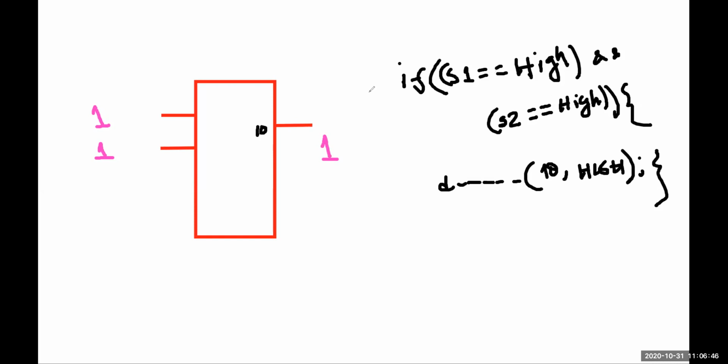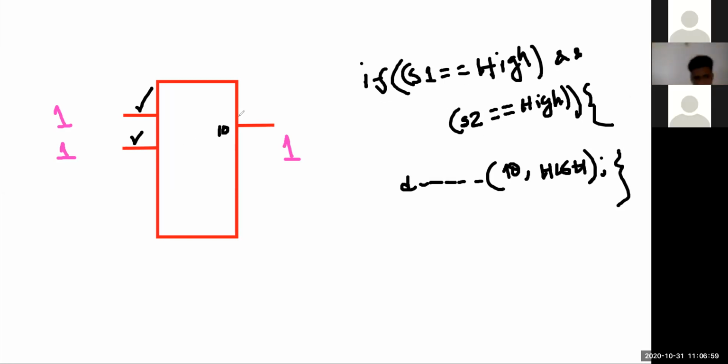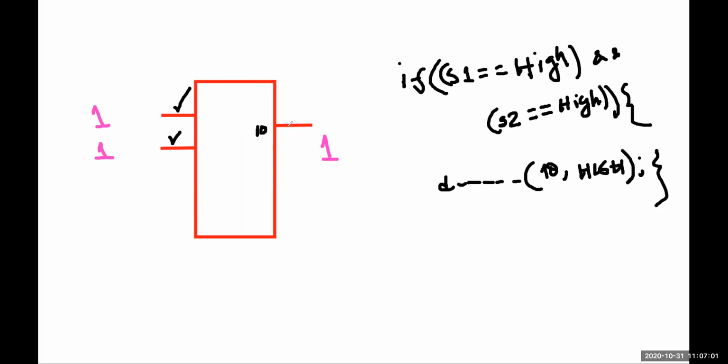This program will check the status of the input switches, so it needs some time. If the status satisfies this logic, then it will send 5 volts to our output port. If the status is not satisfied, then it will send a 0.